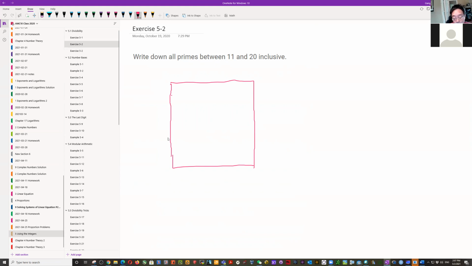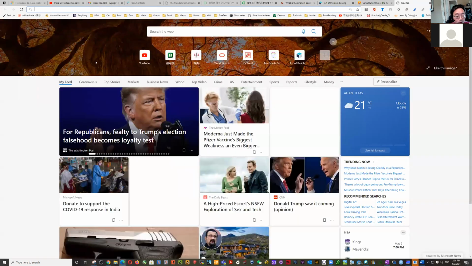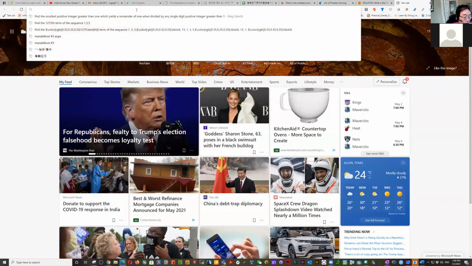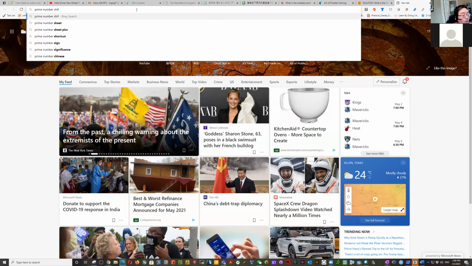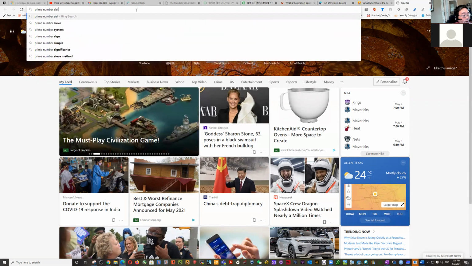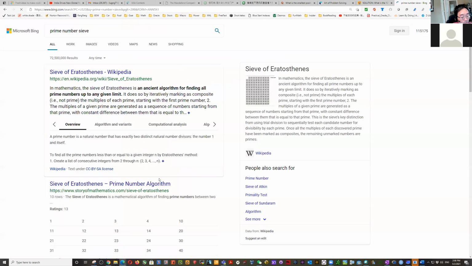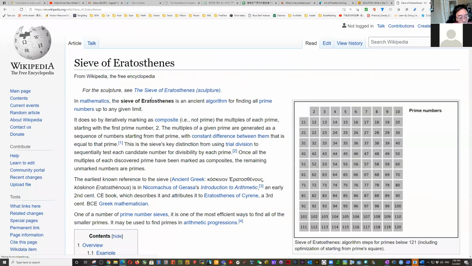Another way is to test the number. This is called the sieve of Eratosthenes.